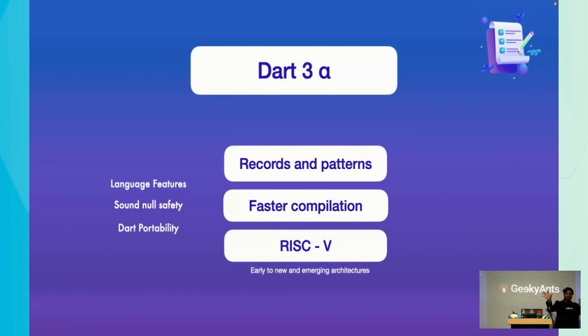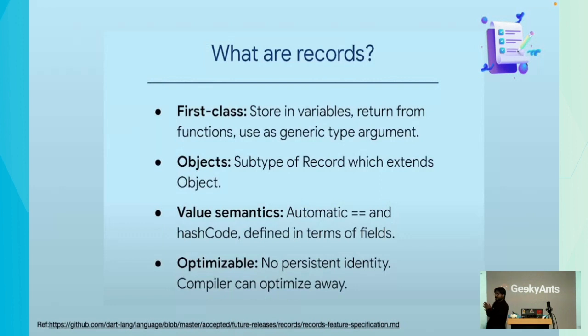I'm not sure if you guys know about RISC-V. This is a kind of architecture that Dart will support. So if you are writing your Dart or Flutter application for Android or iOS, it might run on RISC-V as well. Okay. So this was all about what we got in Dart.